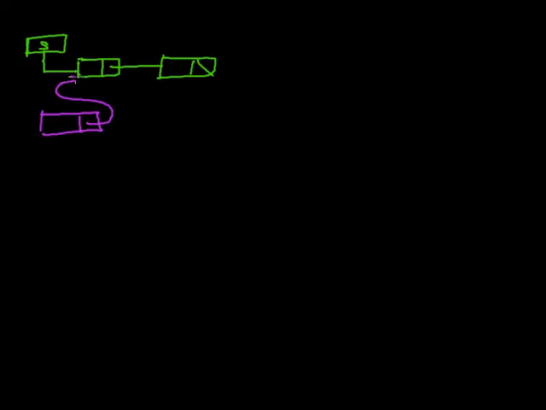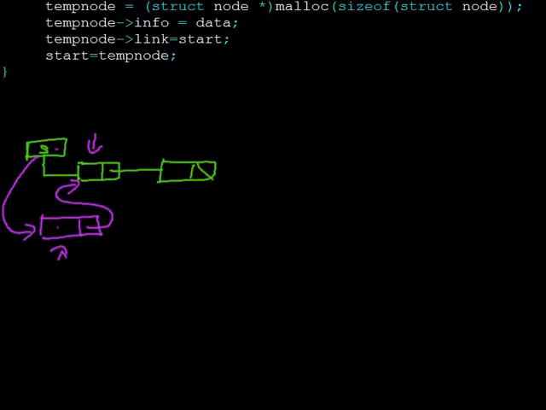So this temp node will start pointing to this first node, right? Then we will copy the address of this temp node into this start pointer. Then start will start pointing to this temp node. So by doing this we can achieve insertion at the beginning of the list.